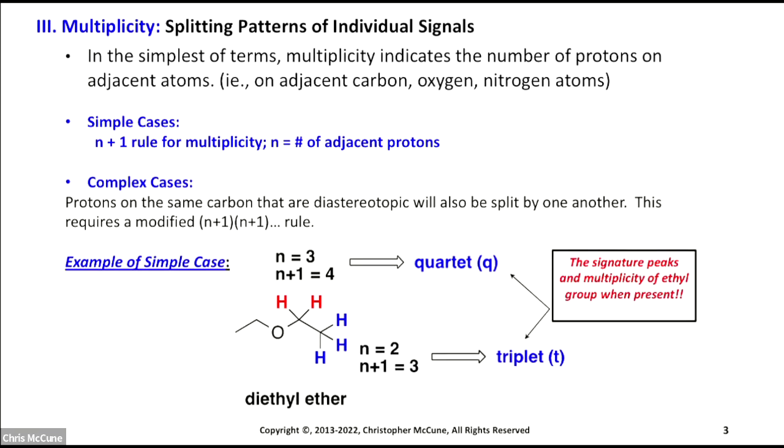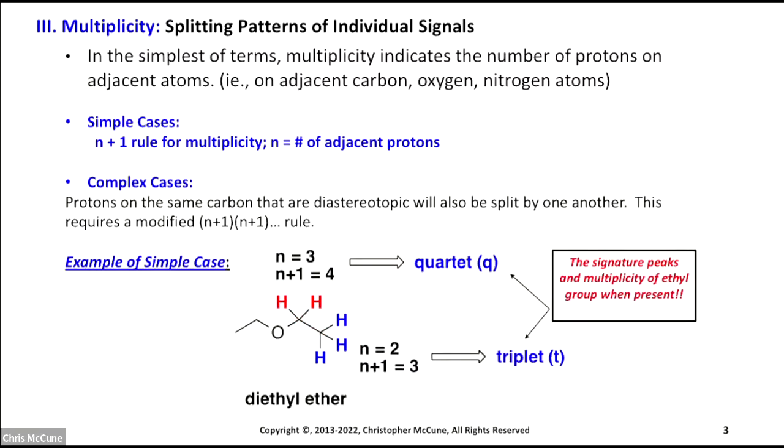Now, what's the splitting pattern for the CH2? These two hydrogens are equivalent to each other, and so they're not going to split each other. So these two hydrogens see the 3 adjacent hydrogens there, and so N is going to be 3 here. So 3 plus 1 equals 4, and 4 corresponds to a quartet.